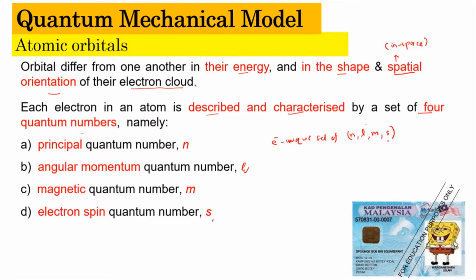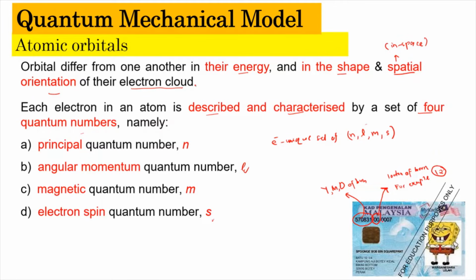So we can relate that with our IC here, because each individual will have a different code or different digits for their IC. For example here, the first 6 digits represent the year, month, and day of birth. Meanwhile, the middle part refers to the location where we were born. For example, if you are from Sabah, you will have the digits 12.